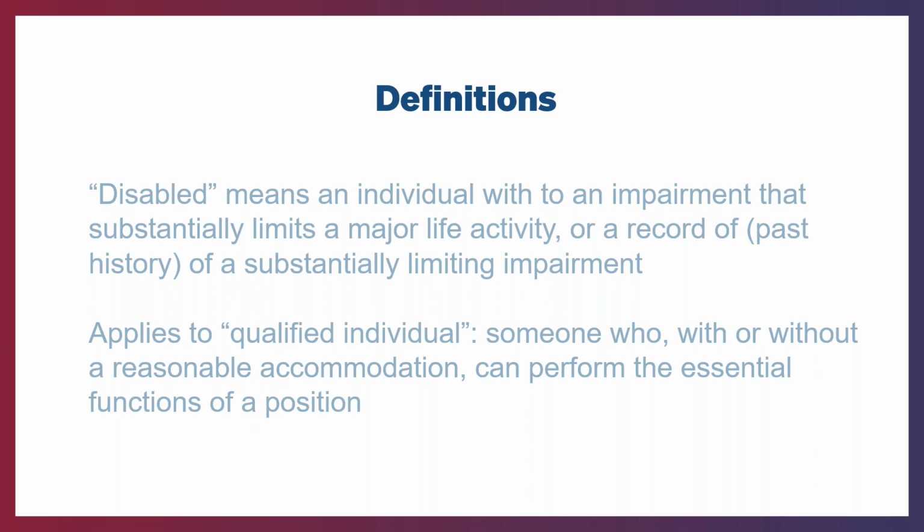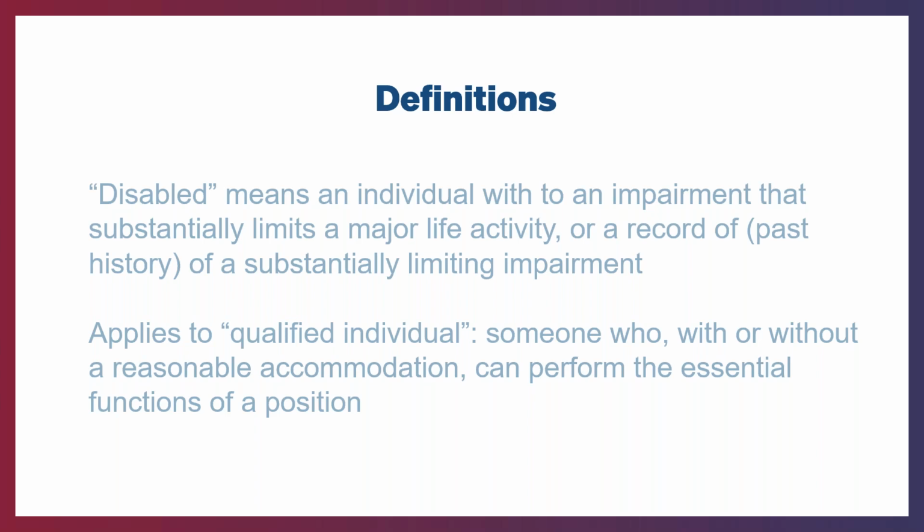And so you need to look at accommodating an applicant, such as if you have an applicant who is hearing impaired, accommodating that applicant throughout the interview process to be able to communicate with that applicant would be an example of how you would accommodate an applicant with a disability, for example.